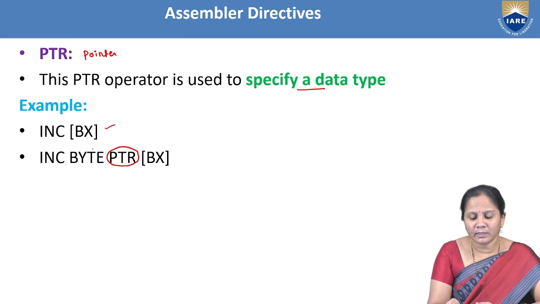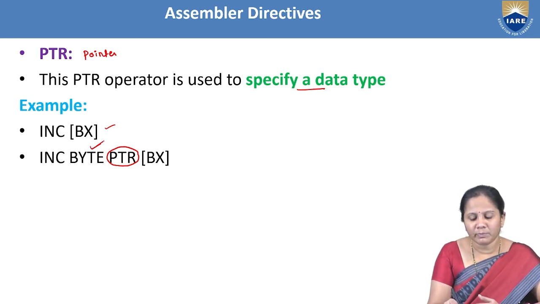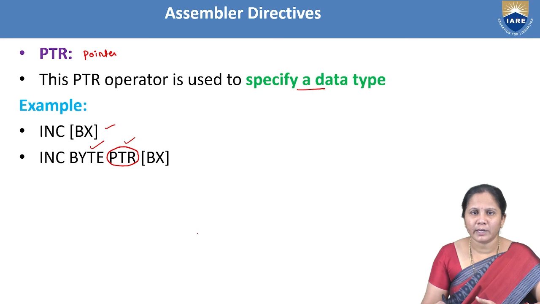The data type may be byte or word, and whatever the data type is, it should be used as a prefix to this PTR assembler directive.